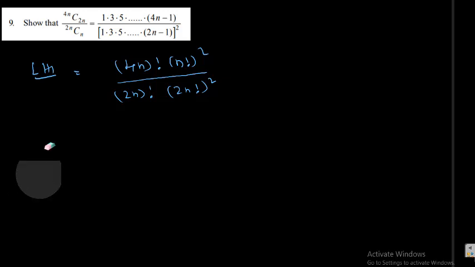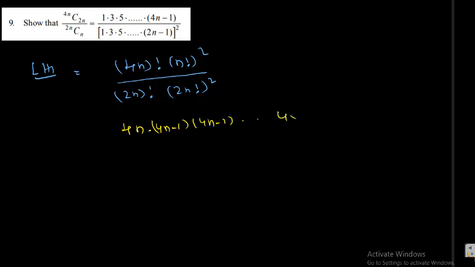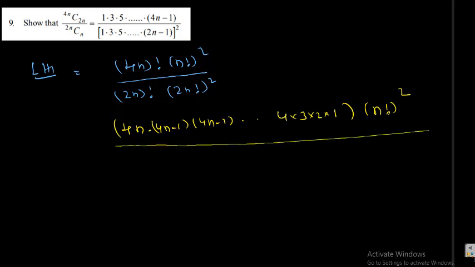Now listen students, this 4n factorial can be written as 4n into (4n minus 1) into (4n minus 2) and so on, 4 into 3 into 2 into 1. As it is, you write n factorial square, don't disturb, by this 2n factorial as it is, don't disturb.